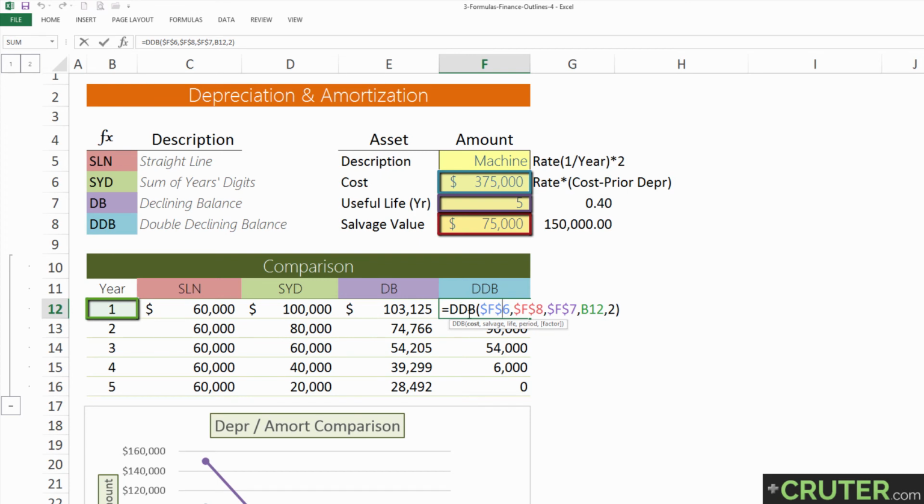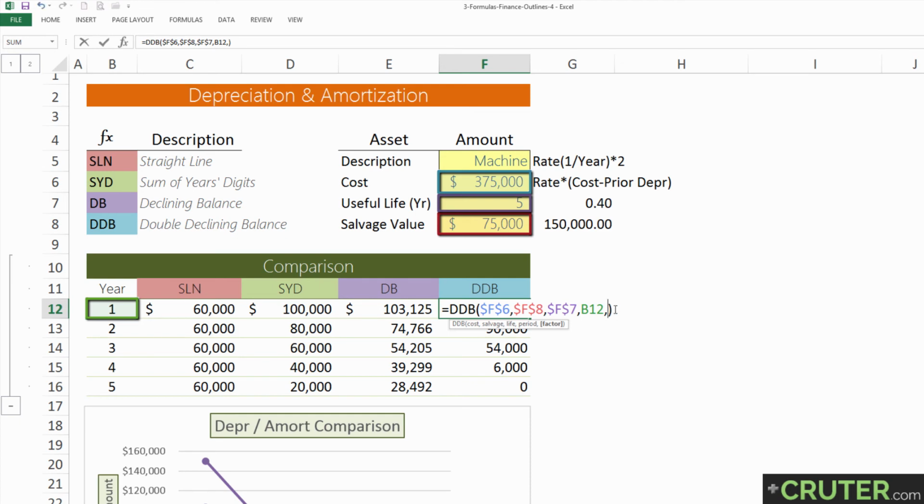So double declining balance, DDB, open up the parentheses, and it's pretty simple. We're just going to take all of these things that we have, all these inputs above, and take the cost, the salvage, the life, and then the periods, and then a factor. This factor says 2, so what the 2 means is that it's double declining.